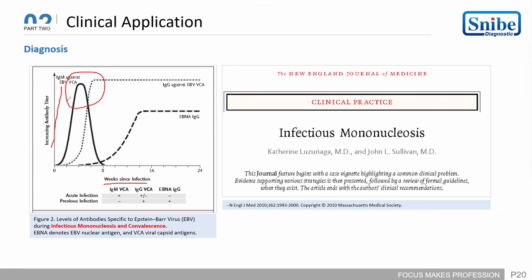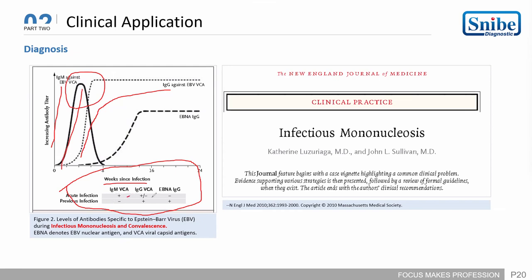IgM against EBV VCA increases very swiftly, and the second marker, IgG against EBV VCA, is prolonged for a lifetime.